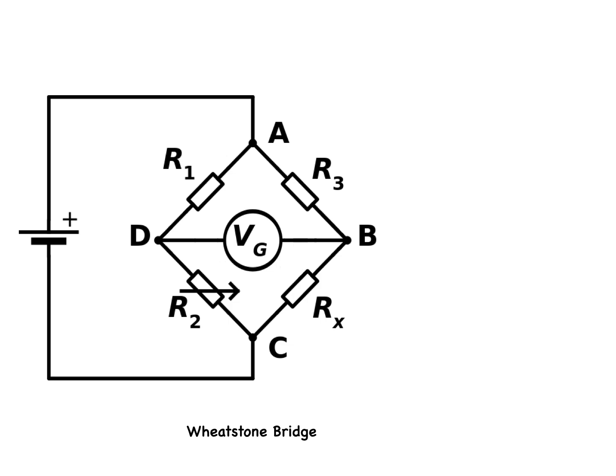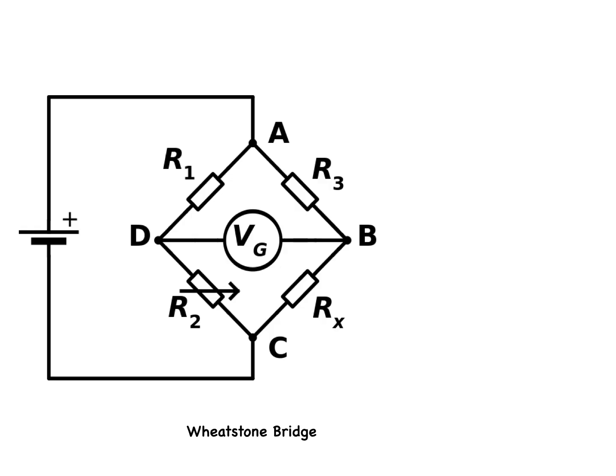Therefore, the ratio of the two resistances in the known leg, R1 divided by R2, is equal to the ratio of the resistance in the unknown leg, Rx divided by R3. If the bridge is unbalanced, the direction of the current indicates whether R2 is too high or too low.